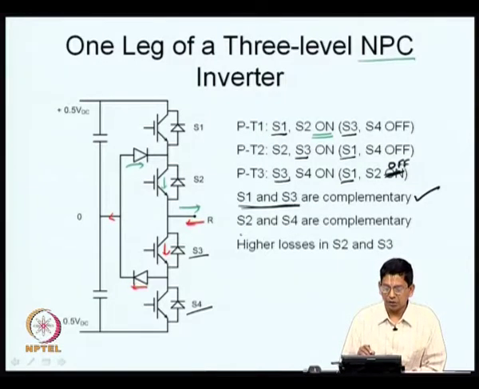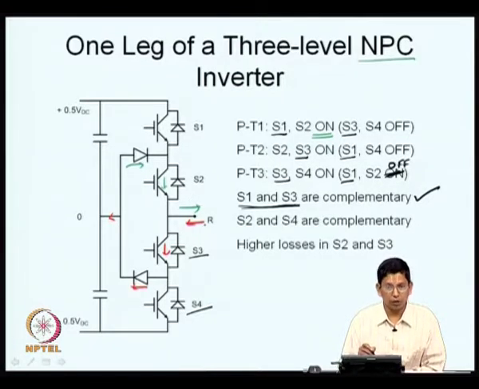Similarly, let us say we have S2 and S4. When will S2 be on? S2 will be on whenever you need to connect the pole to the top throw or to the middle throw. Whenever S2 is on, S4 will be off. When should S4 be on? S4 should be on when pole P is connected to the bottom throw.